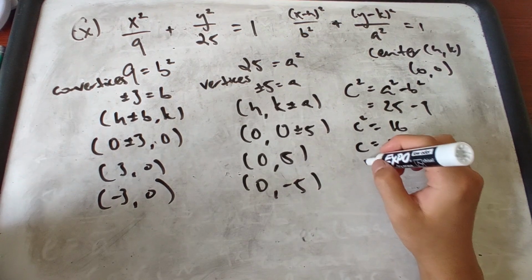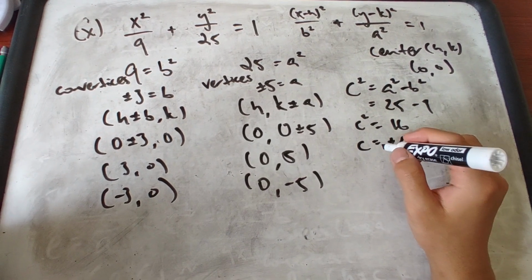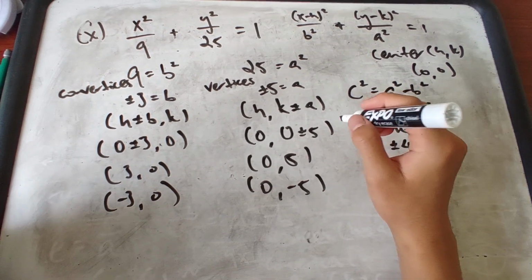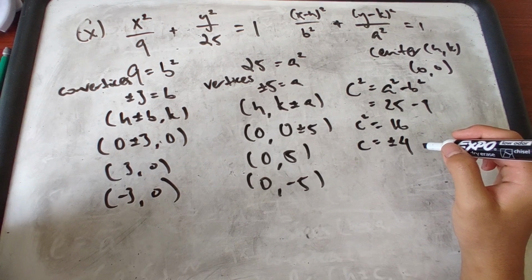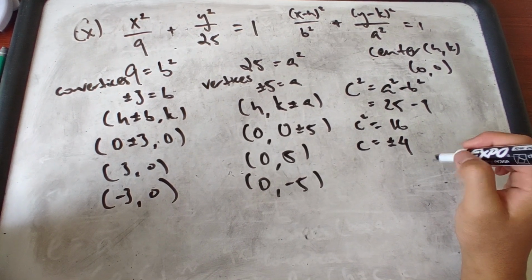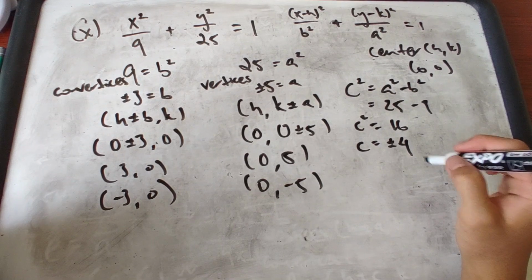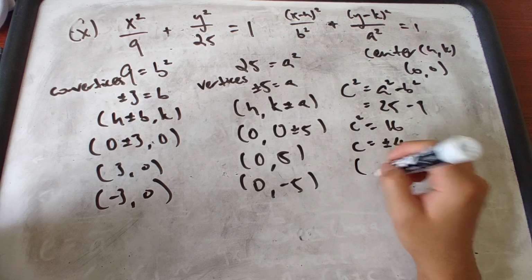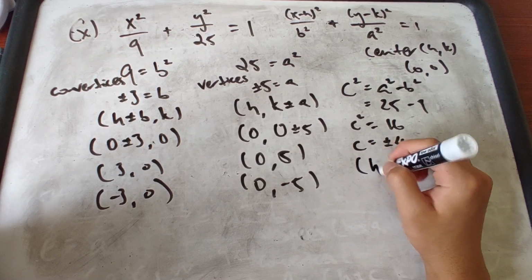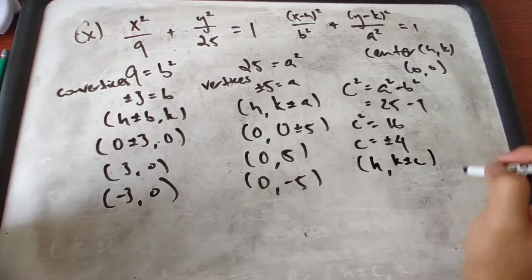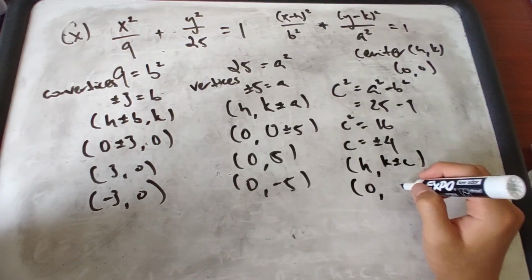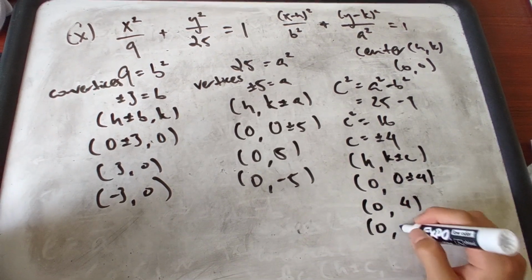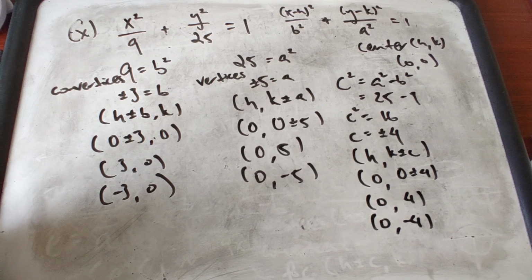Because the foci is going to be corresponding to the a value, and this a is corresponding to the y value, therefore the c would be affecting the ellipse's y value, and that would be h comma k plus or minus c, which is 0 and 0 plus or minus 4. That'll give us 0 comma 4 and 0 comma negative 4.